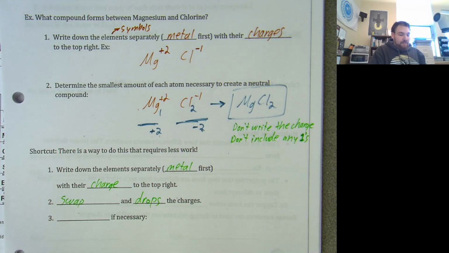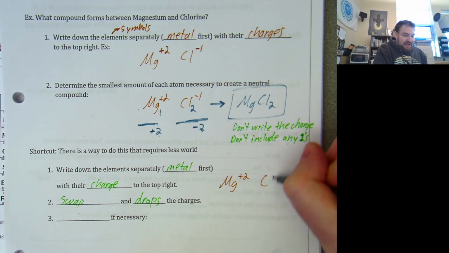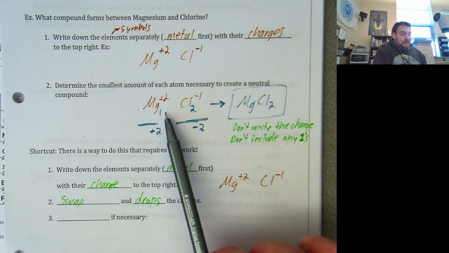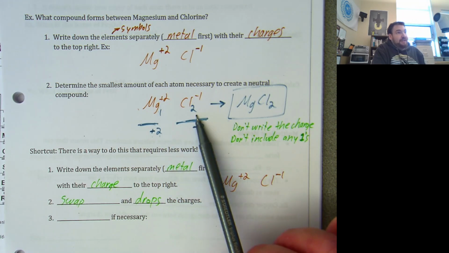I'll show you what I mean. So the Mg plus 2 and the Cl minus 1 are here. A way to find the lowest common multiple is just to multiply those two numbers together. And you can see that, and in this case it works. The charge on the magnesium was plus 2, I needed 2, and the charge on the chlorine was minus 1, so I only needed 1 magnesium and 2 chlorines.